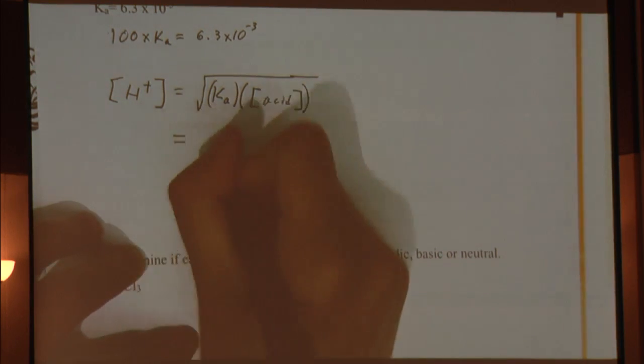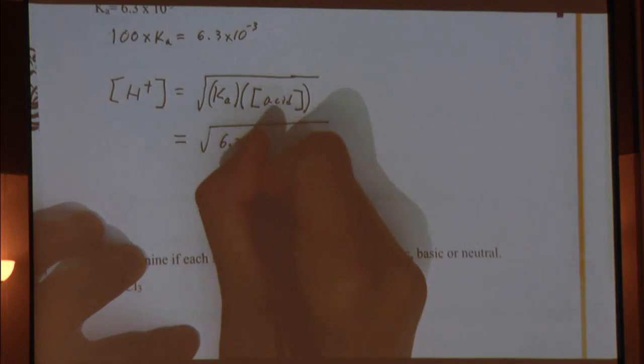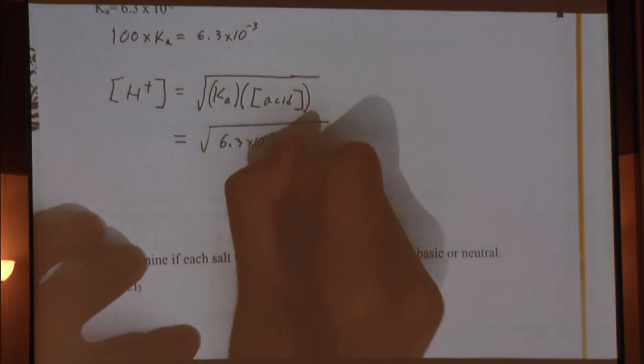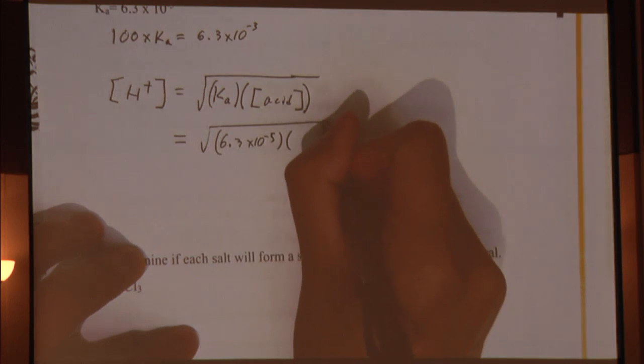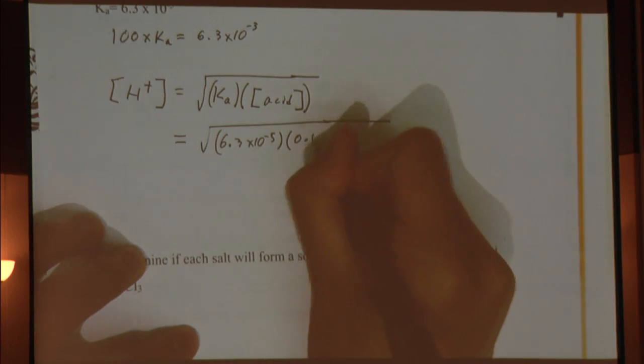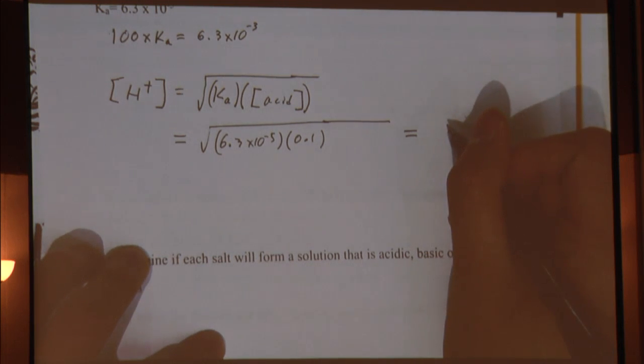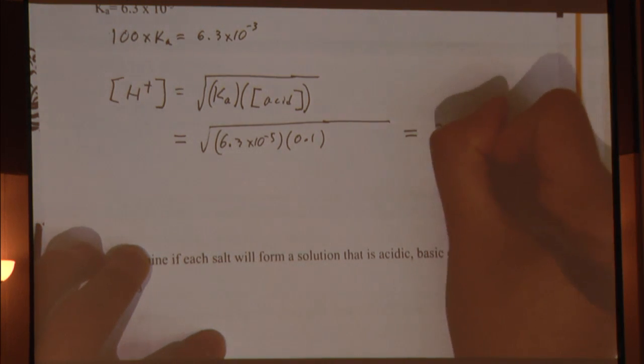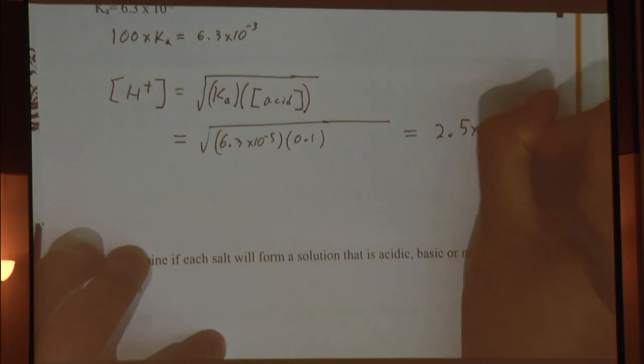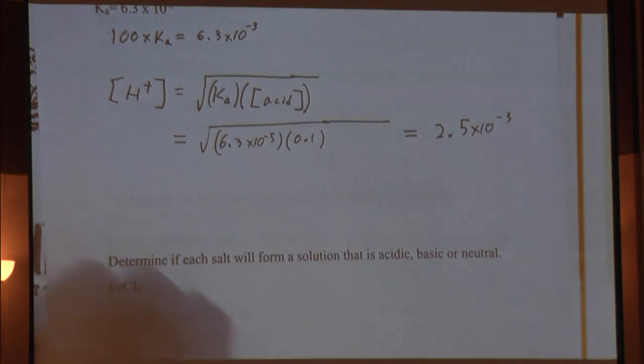And so if we just plug in the numbers, our concentration of protons turns out to be 2.5 times 10 to the negative 3.